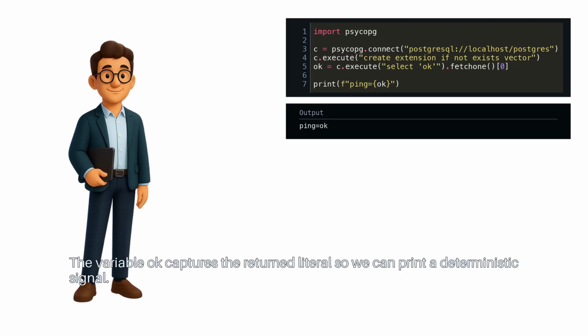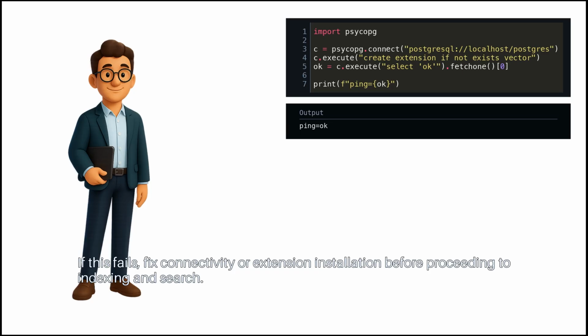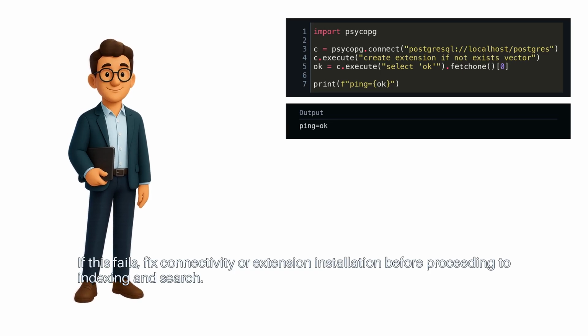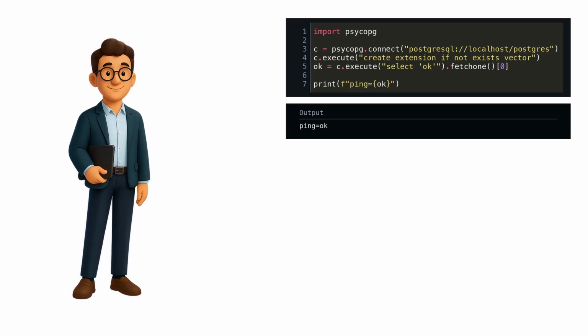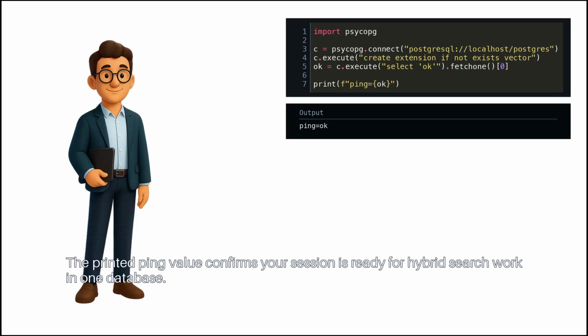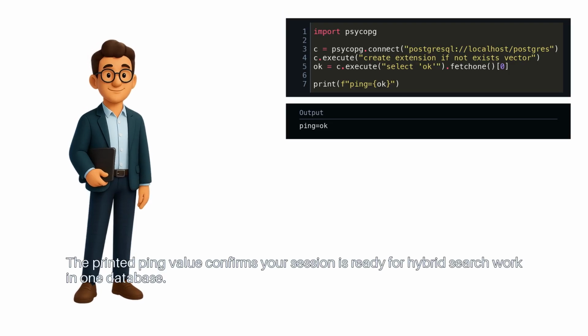The variable OK captures the returned literal so we can print a deterministic signal. If this fails, fix connectivity or extension installation before proceeding to indexing and search. The printed ping value confirms your session is ready for hybrid search work in one database.